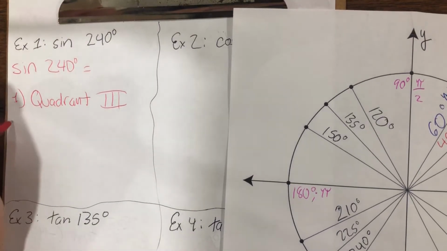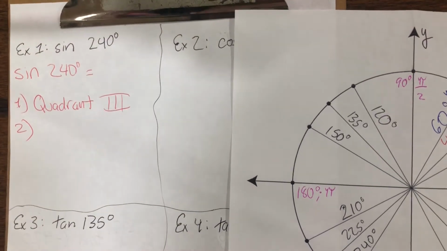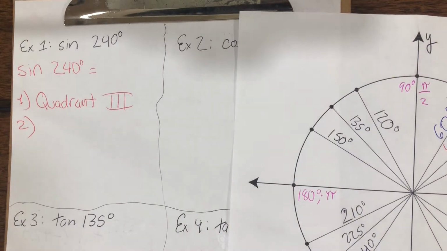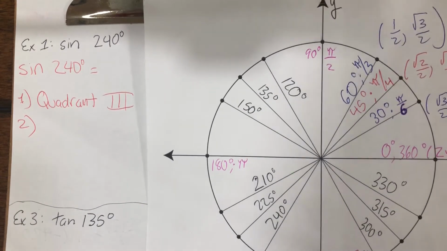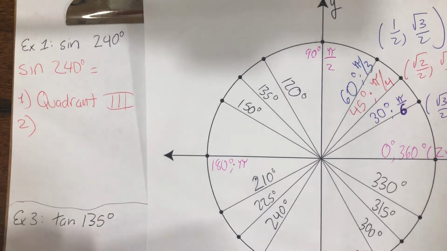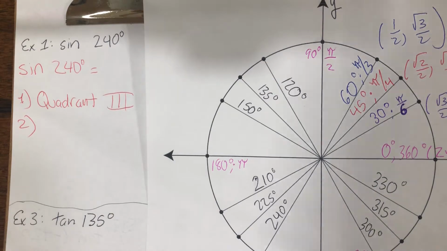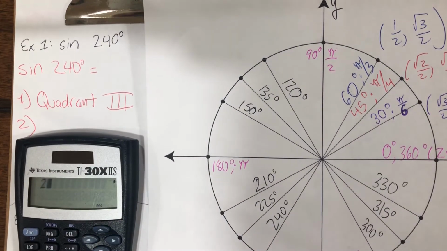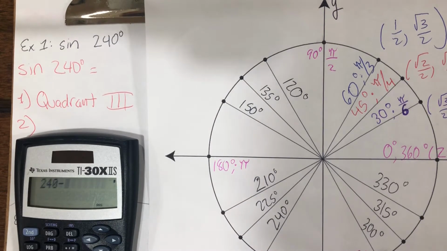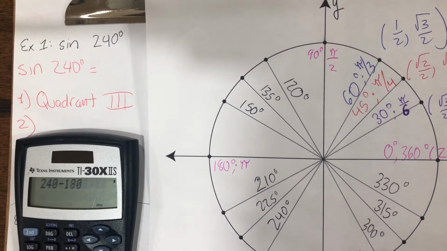Then we have the second question: what is the reference angle of 240? Now that we know that 240 is in the third quadrant and it passes 180 degrees, I can take 240 and subtract 180 degrees.